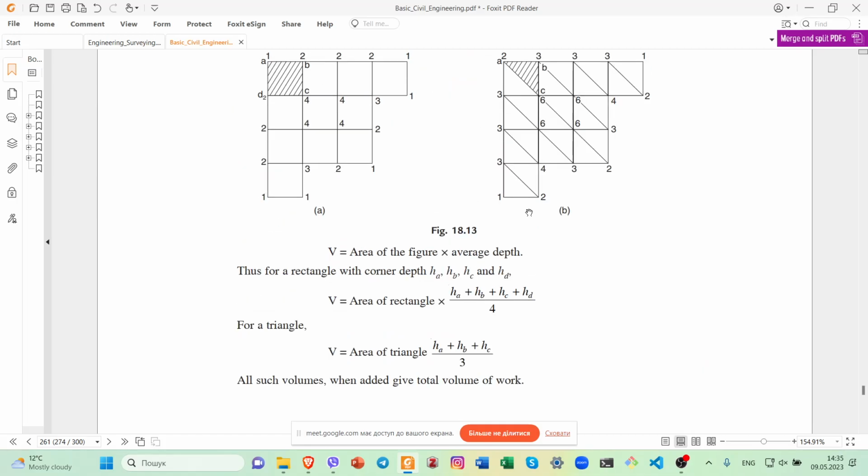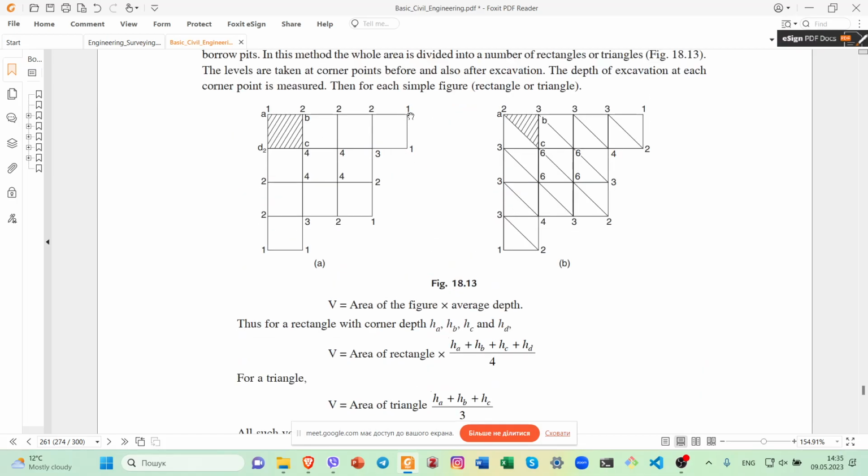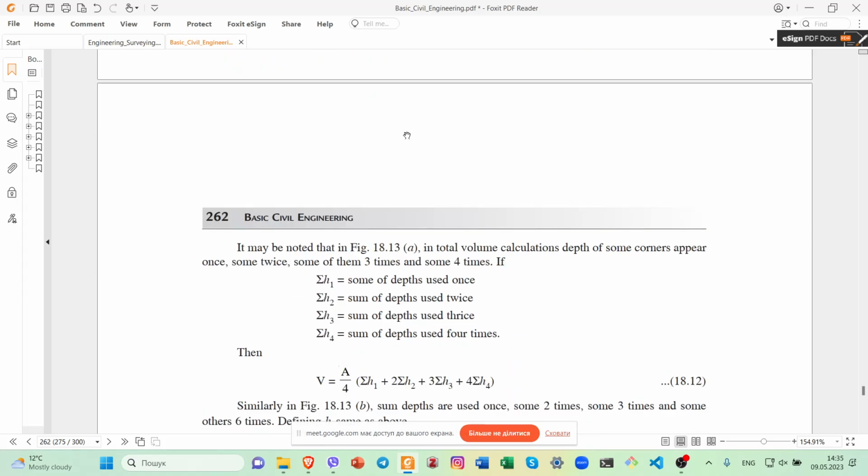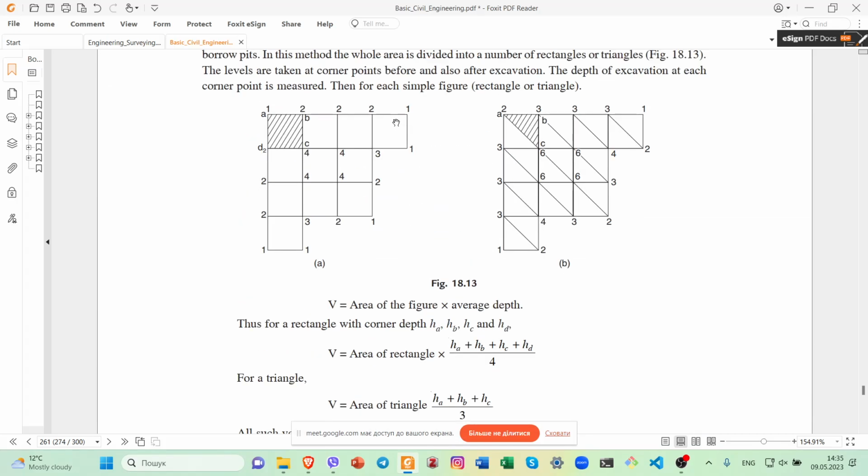You can find these points when we use the depths once, twice, thrice, and 4 times. Here, these numbers explain how many times we use the depths in the volume.